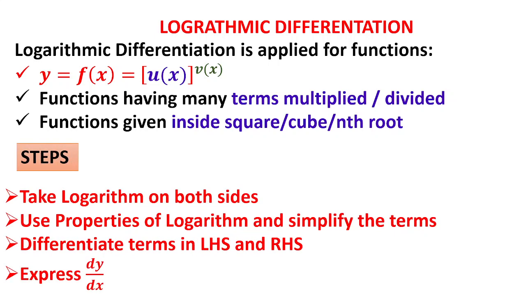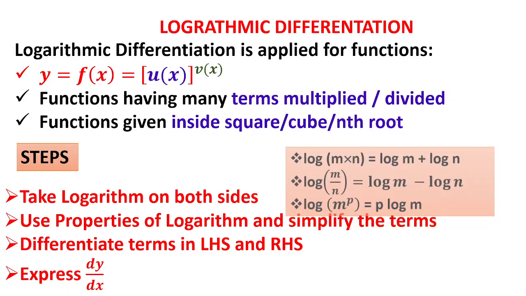How to do it? Take logarithm on both sides, use properties of logarithm and simplify. Differentiate terms in both LHS and RHS, and express it as dy by dx. Here in this problem it will most probably not be implicit, it will be explicit. Therefore dy by dx should be expressed in terms of x only.